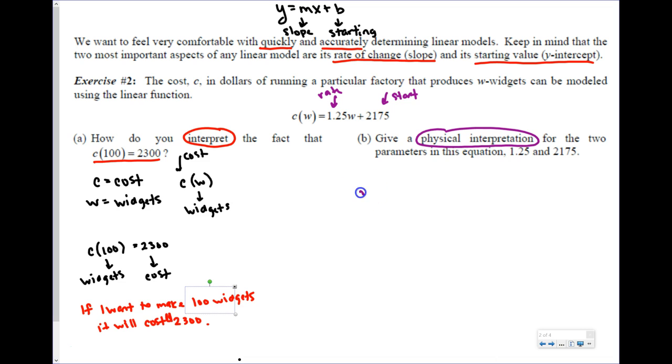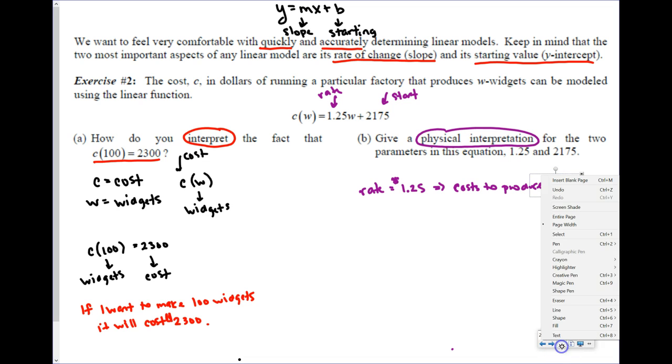So our rate is 1.25, but what this means is that this is how much it costs to produce one widget. It costs $1.25 per widget to make. Okay? If I want to make 2 widgets, it's going to cost me $2.50. I'm going to multiply that 1.25 by how many widgets I have. So it's going to cost me $1.25 to produce one widget.